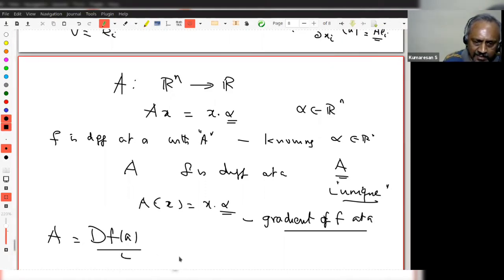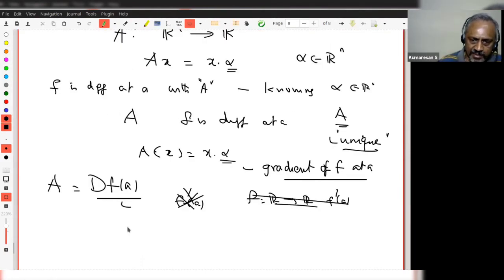It may not be standard. There are people who will write f dash A. I don't use it because for me A is a linear map. So if f is from R to R, f dash A is a number, whereas if you write f dash A for a linear map, that's nonsense. So I use the notation dfa for the derivative. I read it as the derivative of f at A.